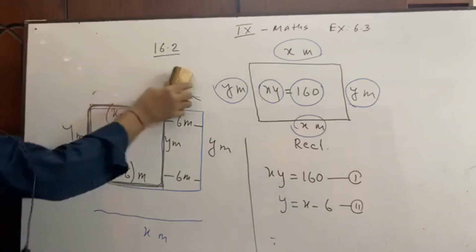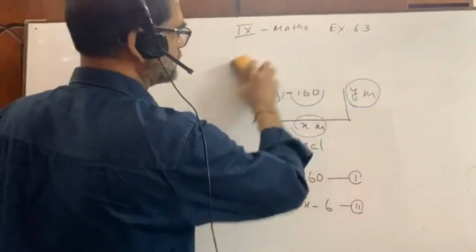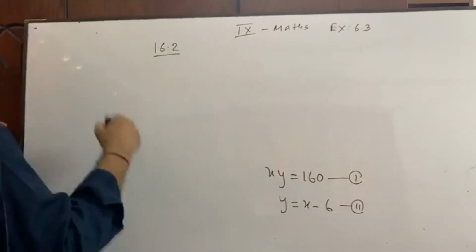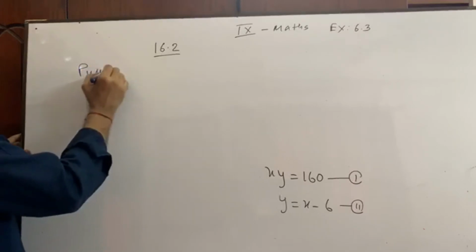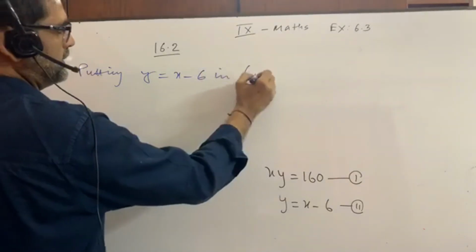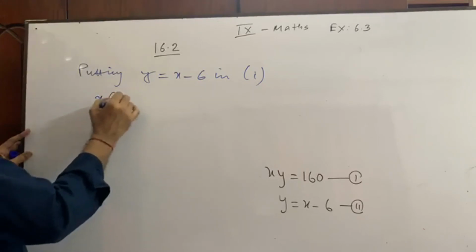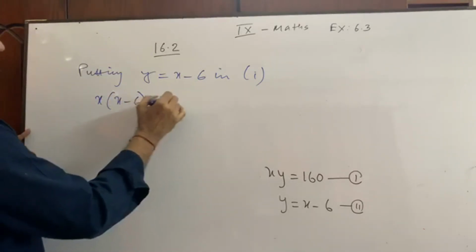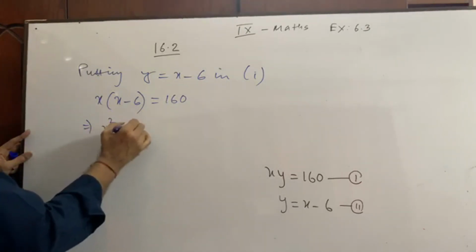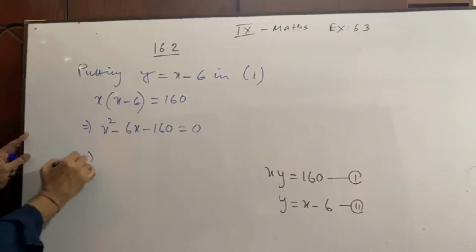Now what will we do? We will put y equals x minus 6 in equation 1. That means x times (x minus 6) is equal to 160. That means x square minus 6x minus 160 equals 0. Now we calculate it.